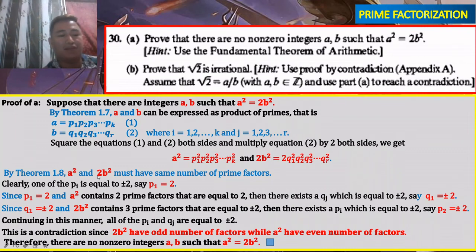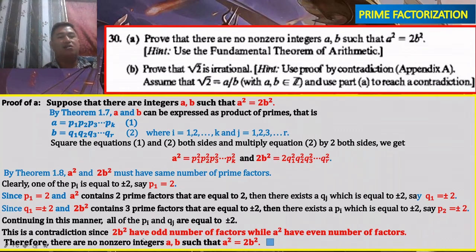Kaya ang a squared dapat kay equal man siya sa 2b squared, so silang duha must have the same number of prime factors. Diba? Kaya ang theorem 1.8 nato kay puros lang man to n. Okay. Siyempre, ang n ato equal sa mga prime factors niya. So, dapat equal ra ang number niya. Mas daghan mag prime factors ang 2b squared, di ba?